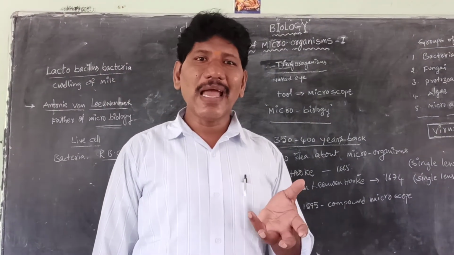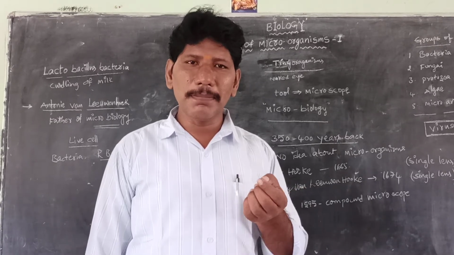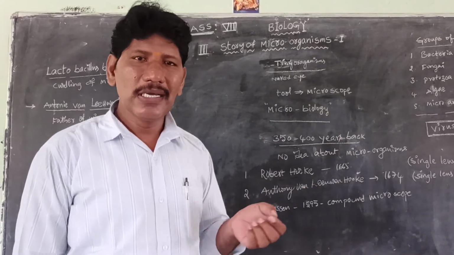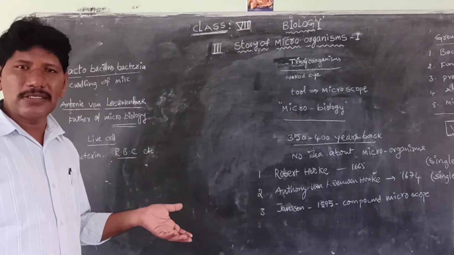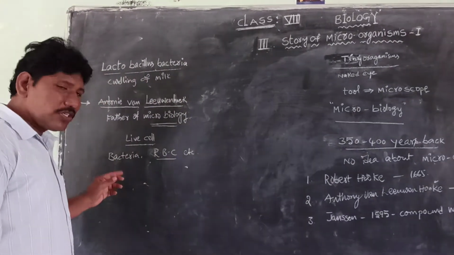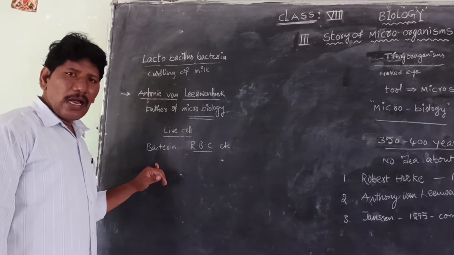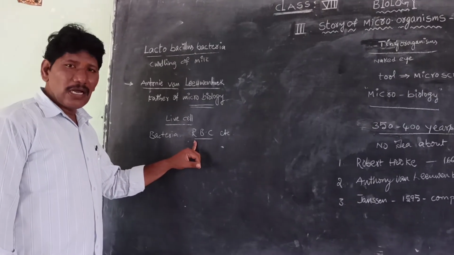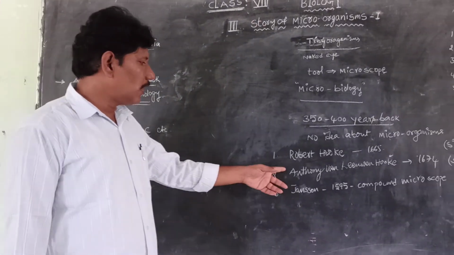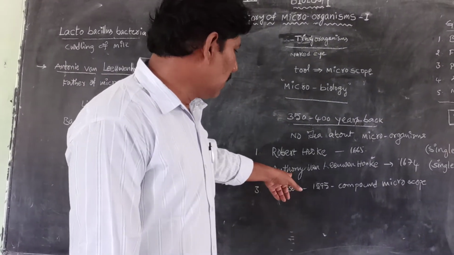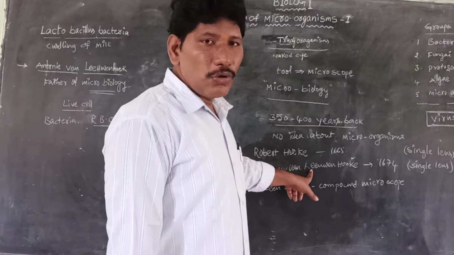Cule means a baby, that means a small one. First he called them animalcules, later they were called protozoans. He also observed bacteria and RBC, blood cells. So he is considered the father of microbiology.